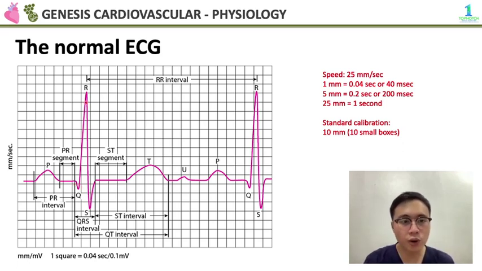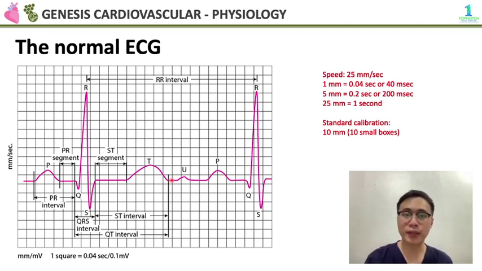Next you have a QRS complex from the start of the Q all the way until the S goes back up to the isoelectric point. So yun yung QRS duration natin or the QRS interval. Next you have the T wave, which represents ventricular relaxation. So the time from the start of the QRS all the way until the ventricles have relaxed, the T wave, represents the QT interval.